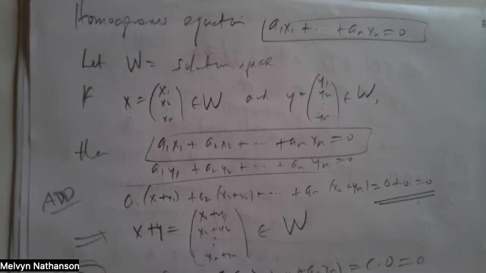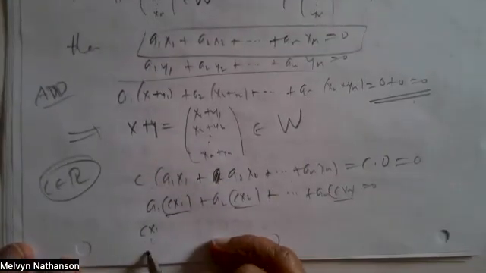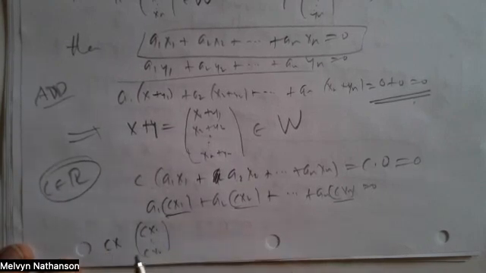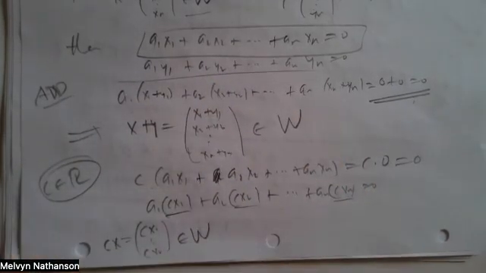If I distribute this across, c a1 x1 is the same as a1 c x1, c a2 x2 is a2 c x2, and so forth, an c xn equals 0. So I have a new solution of the equation with coordinates cx1 down to cxn, which is exactly what we define to be the scalar multiplication of the vector x by c. So if x is in the solution space W, cx is also in W.